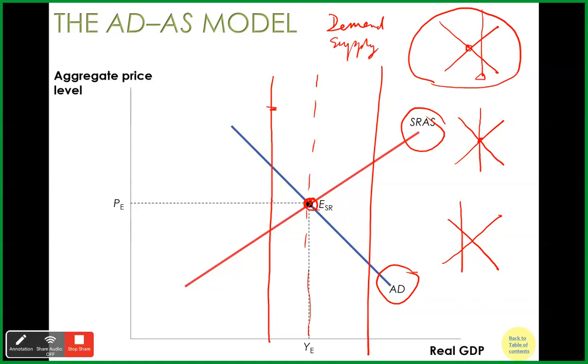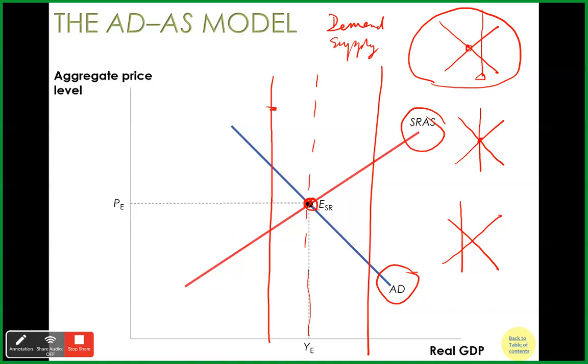But like I mentioned, in this class we focus on demand shock. Why we usually focus on demand shock is because demand shock and supply shock cause different dynamics, or different fluctuation in quantity, or real GDP, and the price.